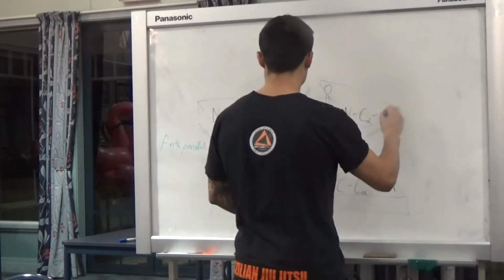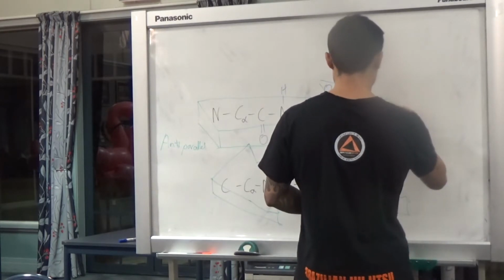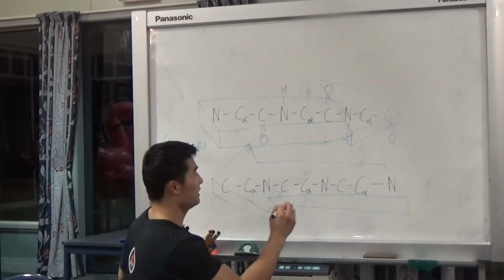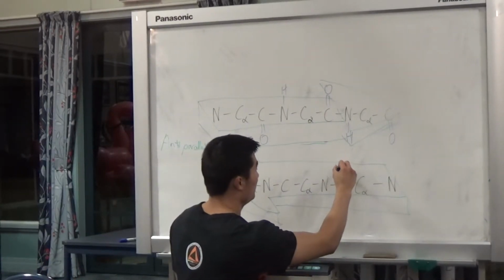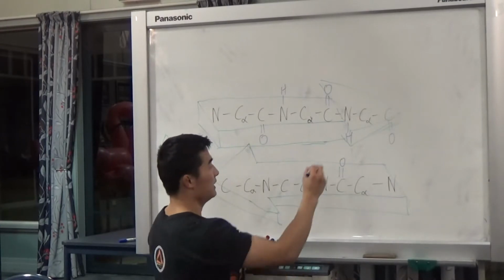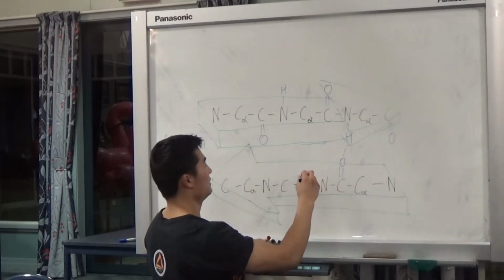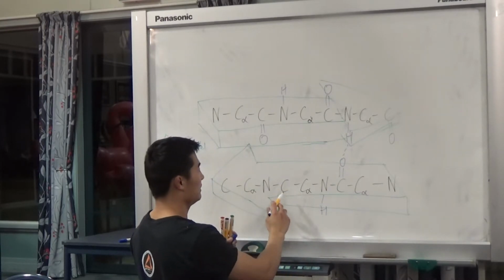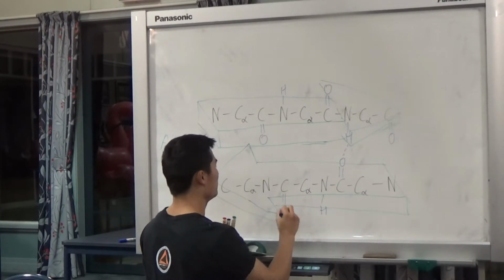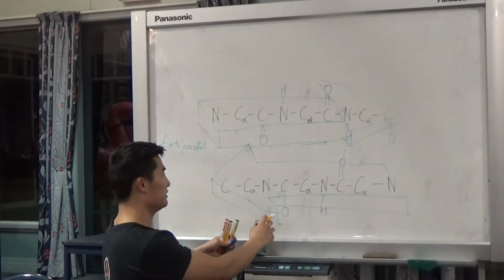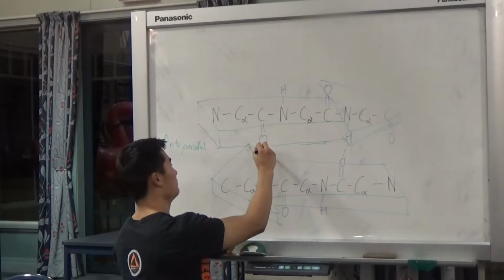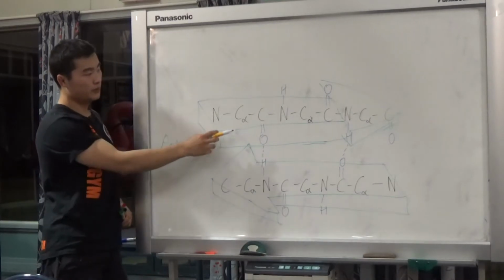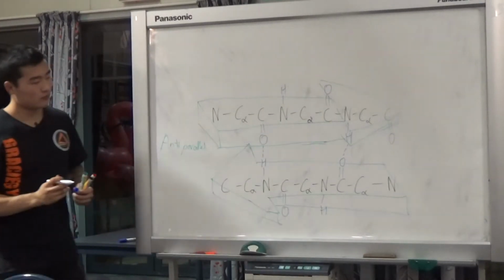And this one here, the oxygen will be pointing down. Okay. So then this one here, you'll have an oxygen pointing up, and that's going to form a hydrogen bond here, and the hydrogen will be pointing downwards here, and then this carboxyl carbon, the oxygen will be pointing downwards, and then this hydrogen will be pointing up, and so you're forming these hydrogen bonds, right?